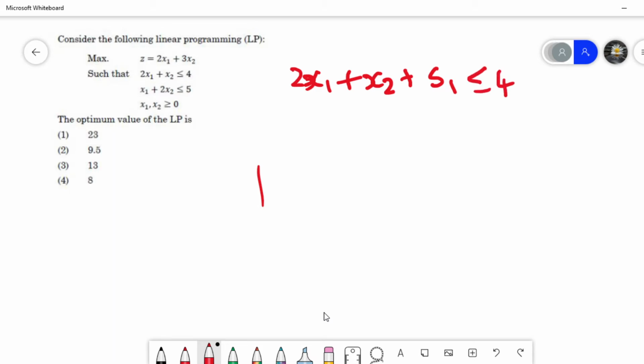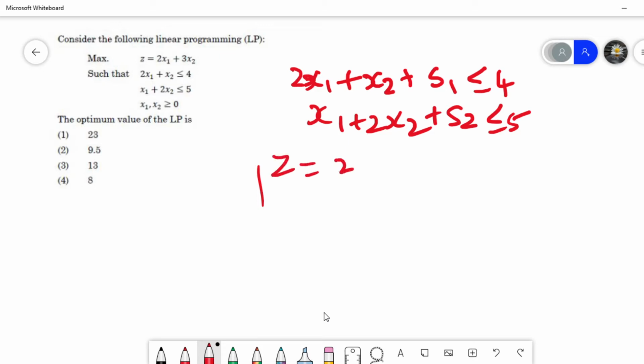In the next constraint, x1 plus 2x2 plus s2. So s2 is the slack variable here. Now we are going to add the slack variables in our objective function. So z is equal to x1 plus 3x2 plus 0 s1 plus 0 s2.